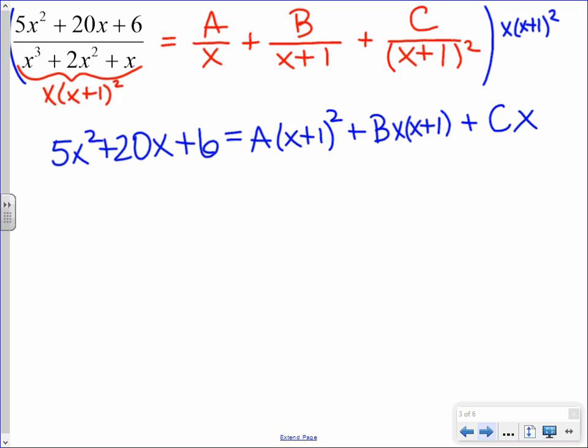Okay. Now we need A, B, and C. From here, we can plug in numbers to figure things out. All right? Sarah, what's a good number to plug in to help us out? -1. -1 makes this go to 0, and so that's going to eliminate some variables for us. So x equals -1. All right. So if we plug in -1, we have 5 times 1, 20 times -1, and then plus 6.